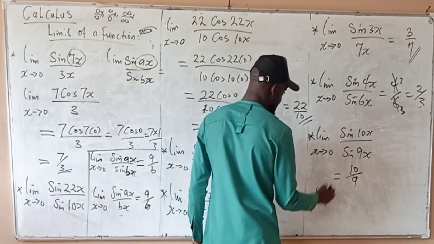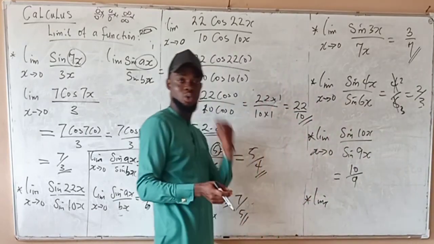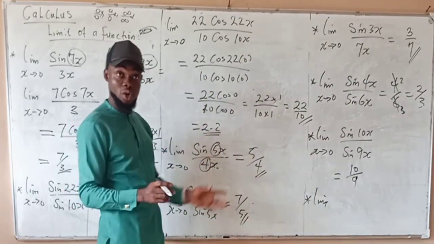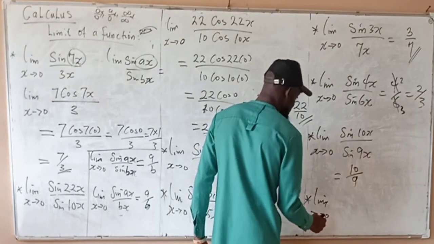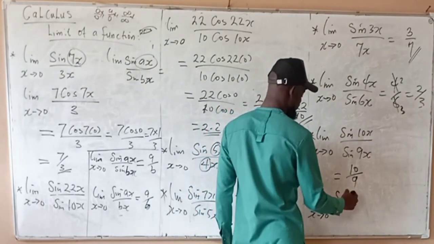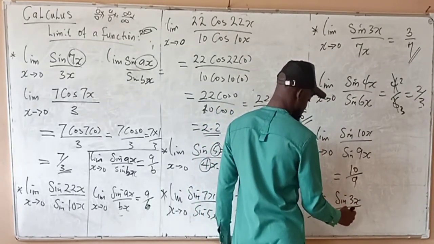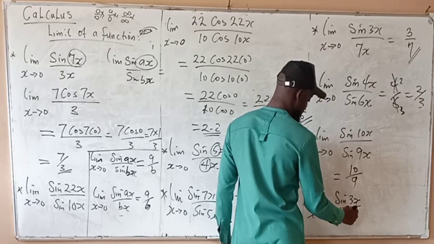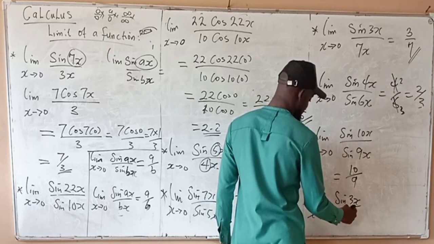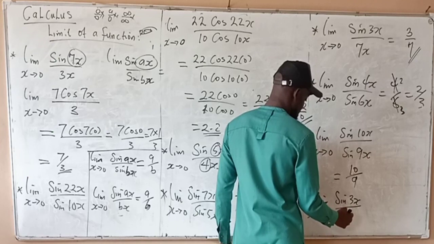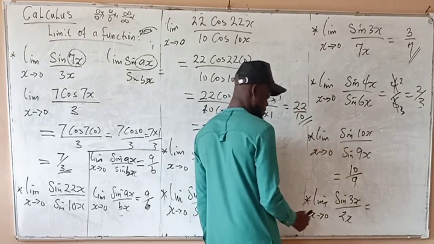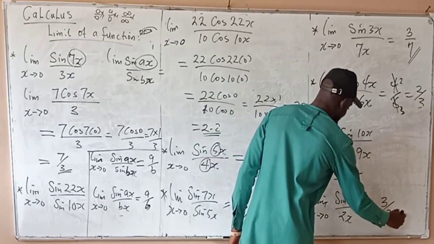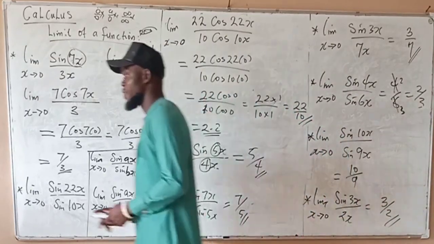It should not be cos, so take note of that. Limit x approaches 0 of sine 3x all over 2x. The answer is going to be 3 over 2. So that's how it is.